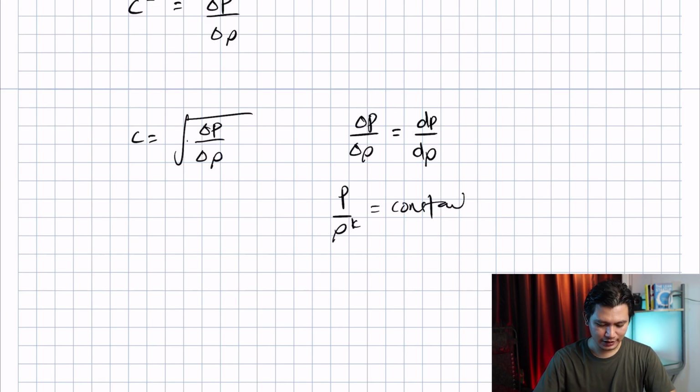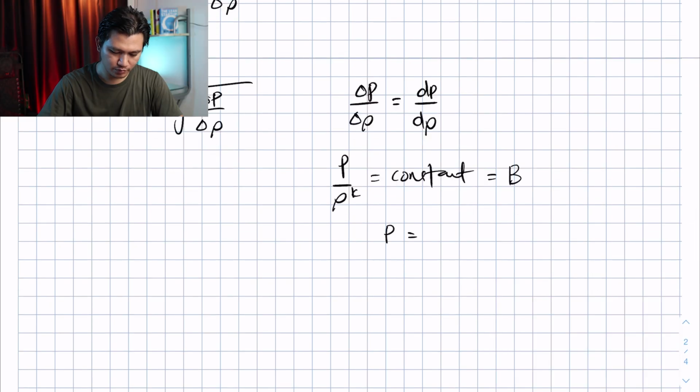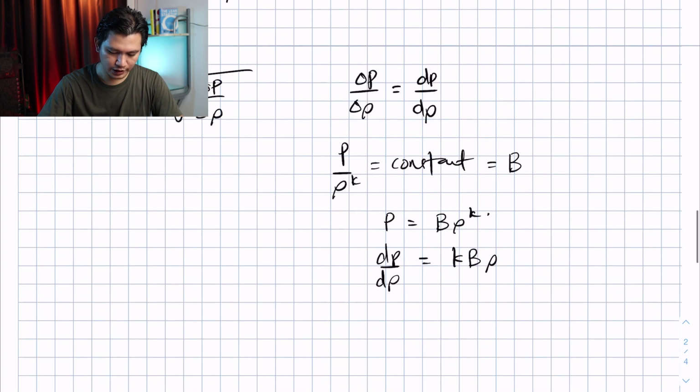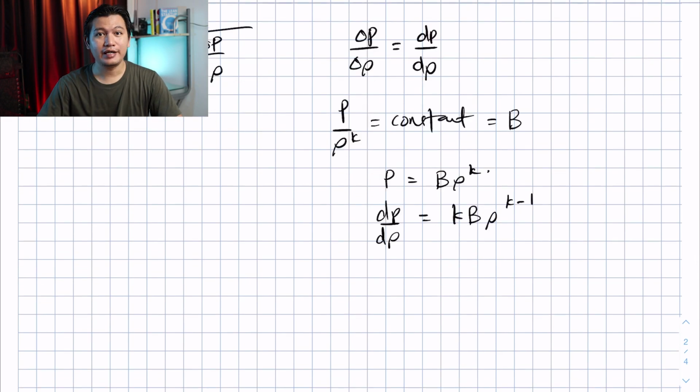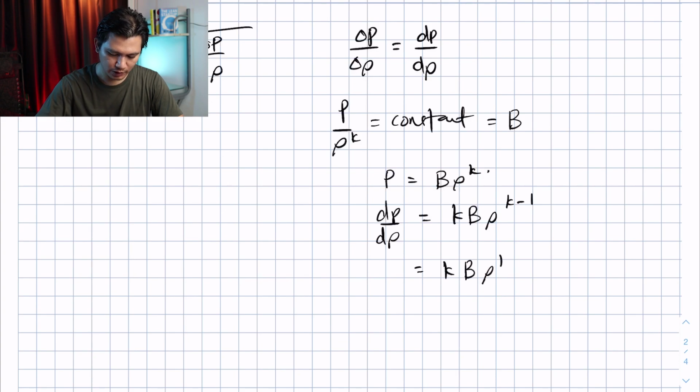Okay, and let's say our constant is B, and I'm going to do P equal to B times rho to the power of K. So dP over d rho is actually K times B times rho to the power of K minus 1. And if I were to rearrange this, I can write this as K times B times rho to the power of K divided by rho.